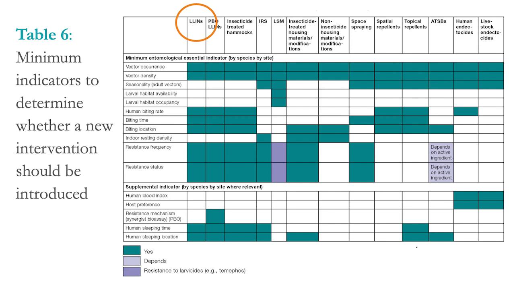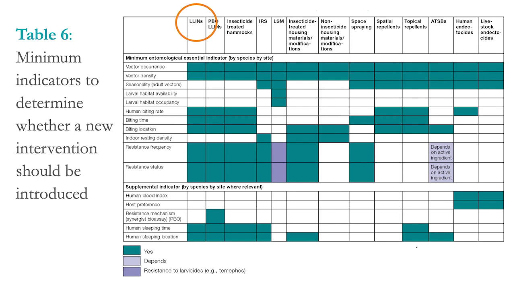We can see that vector occurrence, vector density, human biting rate, biting time, biting location, resistance frequency, and resistance status, and human sleeping time and human sleeping location are recommended indicators here.